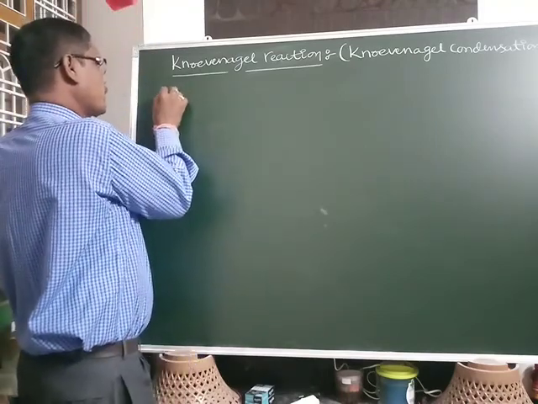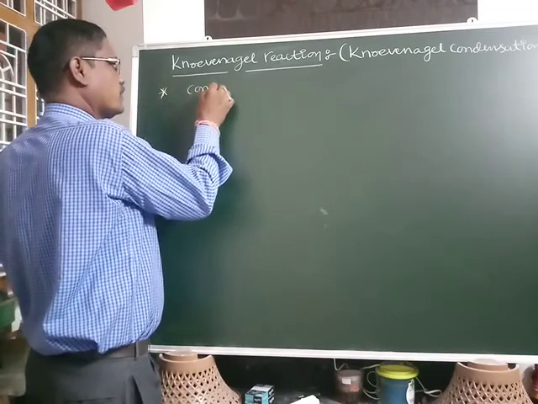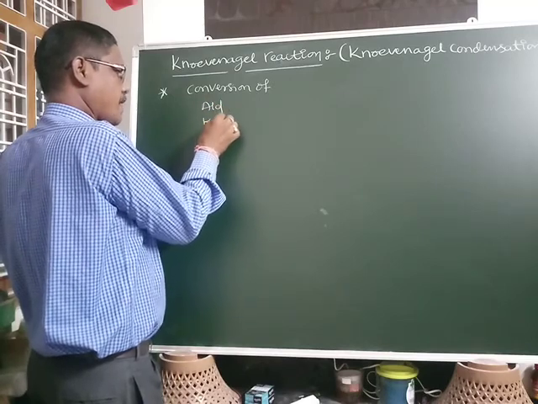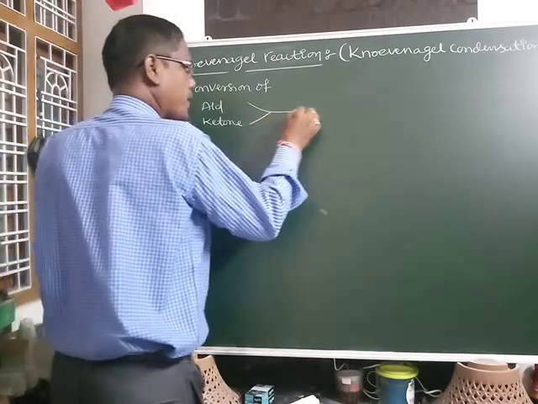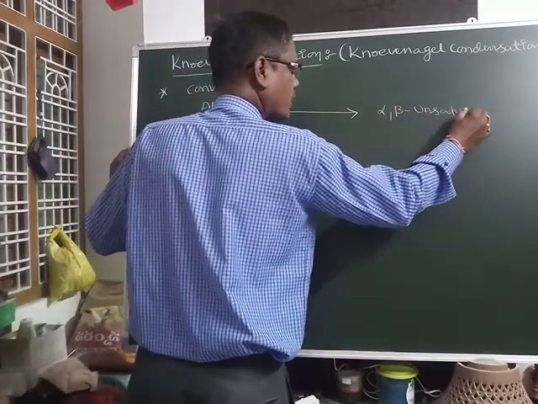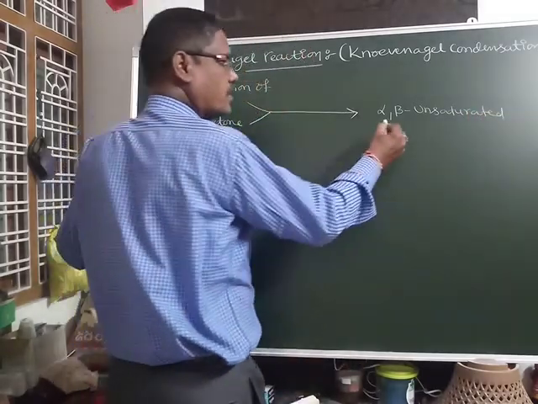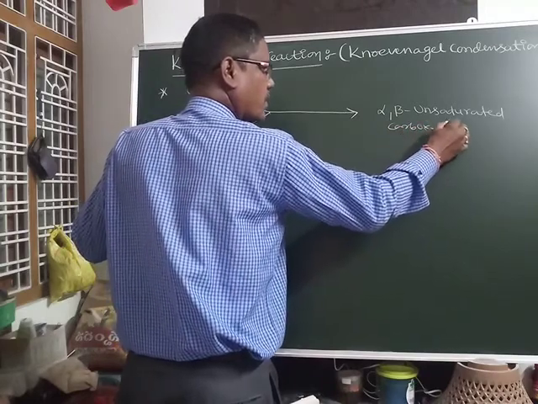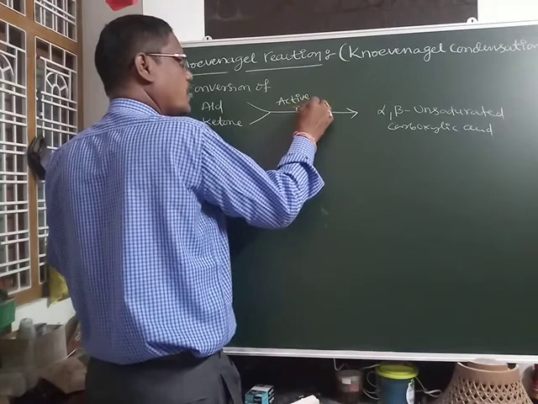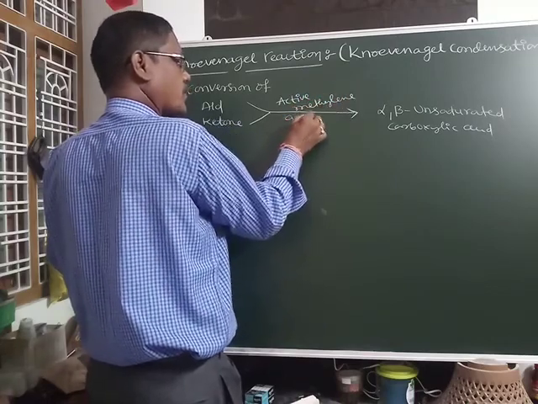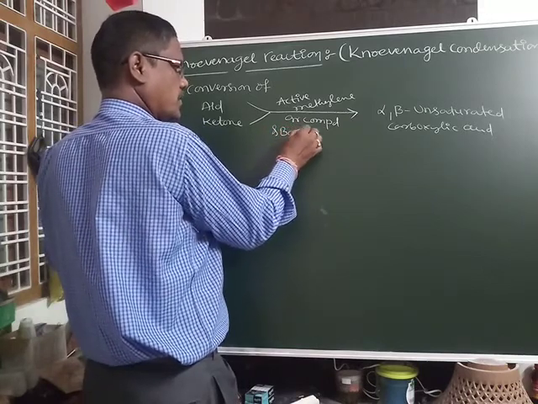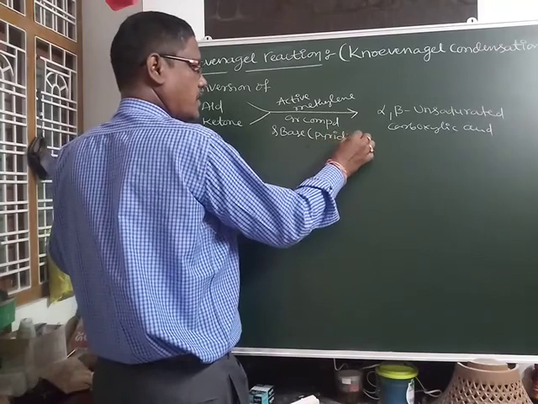The statement of Knoevenagel condensation is conversion of aldehydes or ketones into alpha beta unsaturated carboxylic acid in the presence of active methylene group compound and base like pyridine or secondary amine.